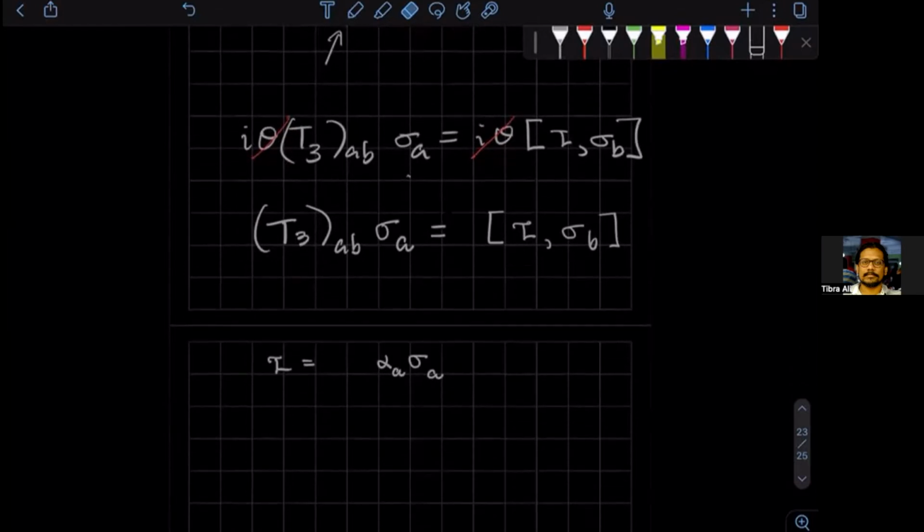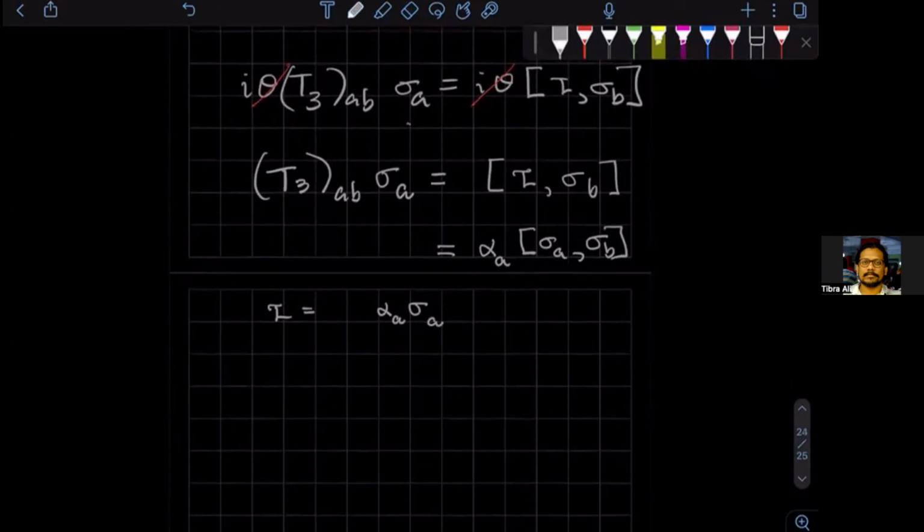Okay, so if I do this, then I can write this as alpha A, sigma A, with sigma B. Now what I can do is multiply both sides, I have to be a bit careful here.